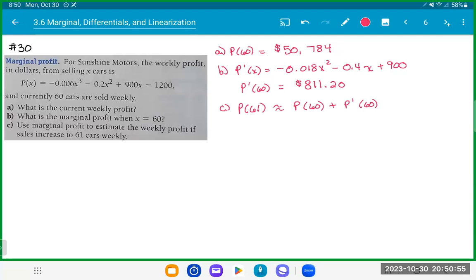So that is approximately 50,784 plus 811.20. And so my estimated profit for selling 61 cars per week would be $51,595.20. Okay. Question.